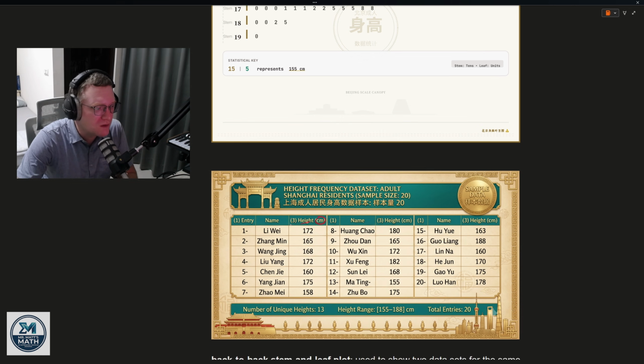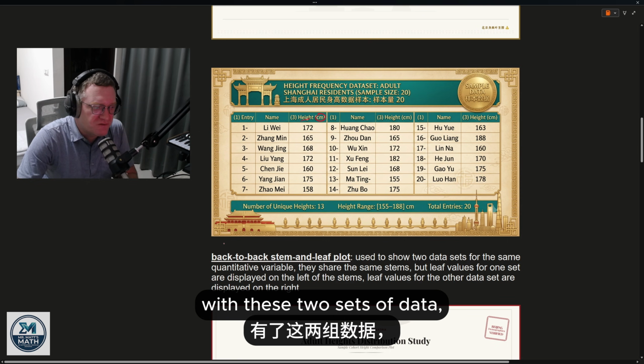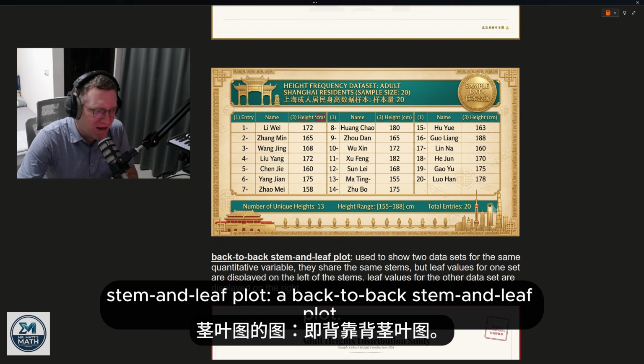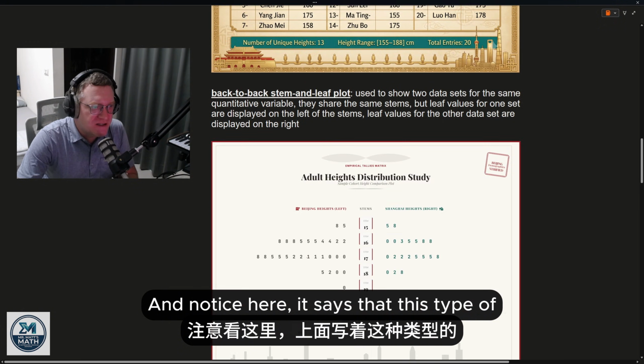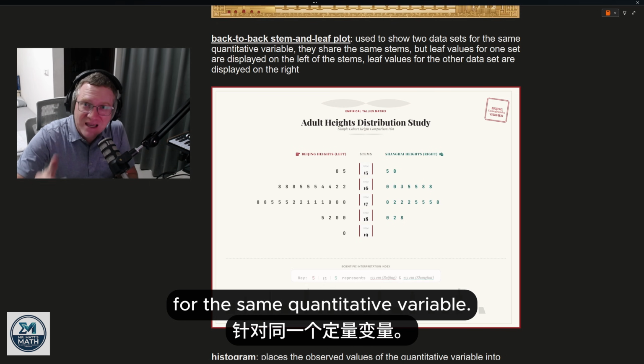Now, with these two sets of data, we can create something called a back-to-back stem and leaf plot. Notice here it says that this type of plot is used to show two data sets for the same quantitative variable.